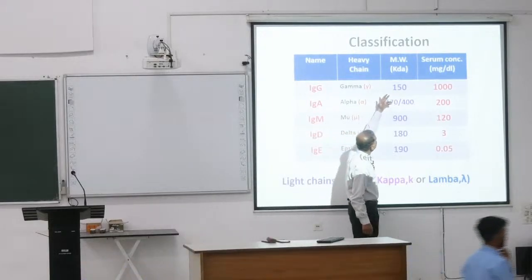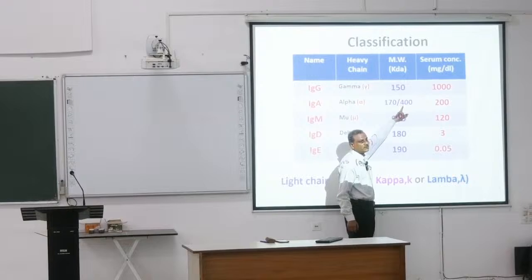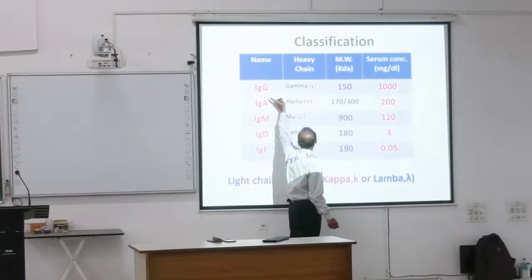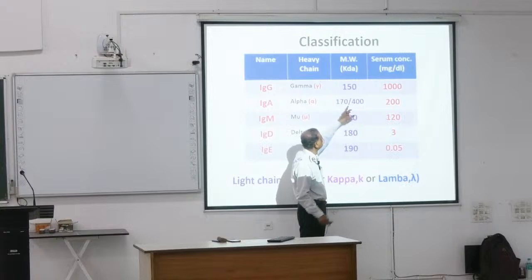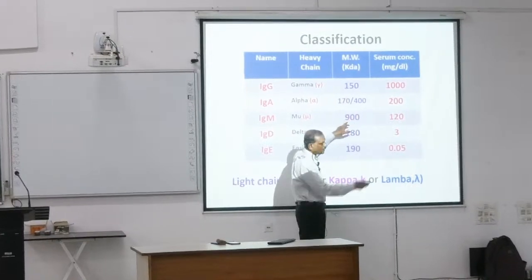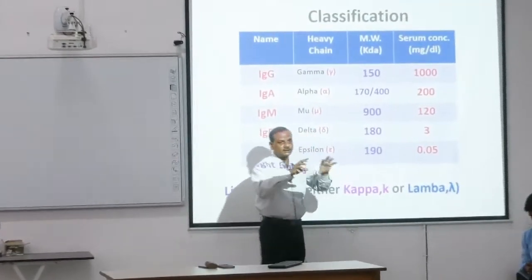So why is this 400? Because two molecules of that monomeric unit are joined together with a joining chain. That's the reason why the molecular weight is 400. And IgM, I told you, is a pentamer.